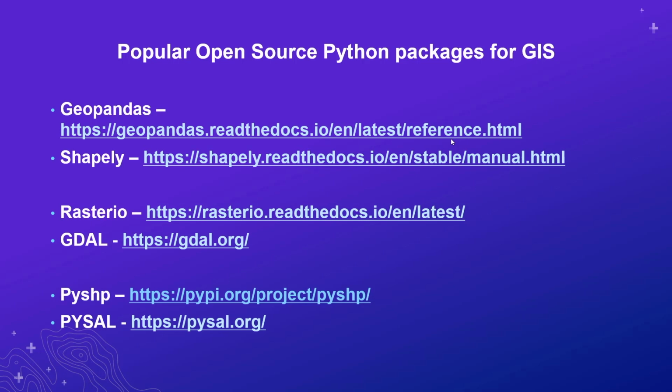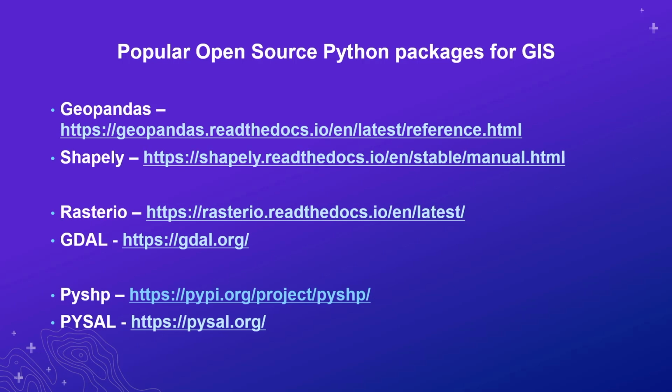Rasterio is great for raster data handling. So you can read your raster images and write them as NumPy arrays and then plot them using Matplotlib or Plotly. GDAL stands for Geospatial Data Abstraction Library, and it actually encompasses 2 libraries.